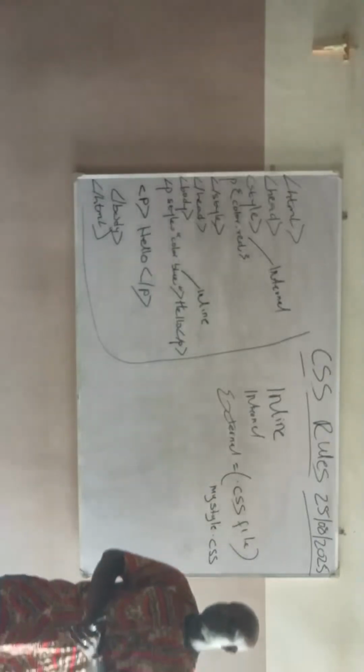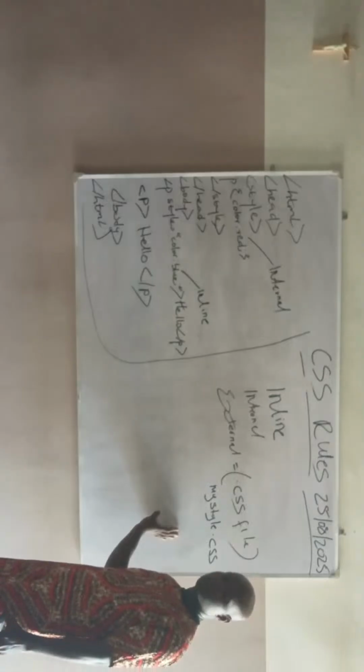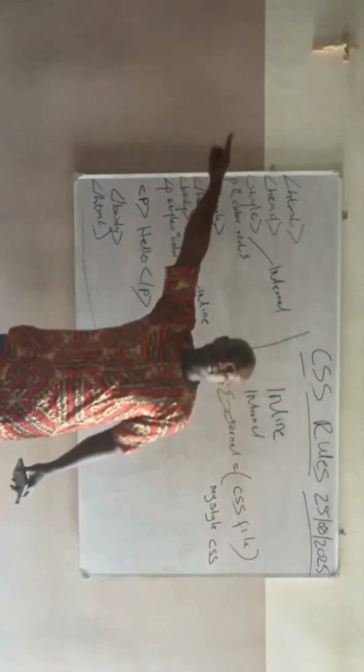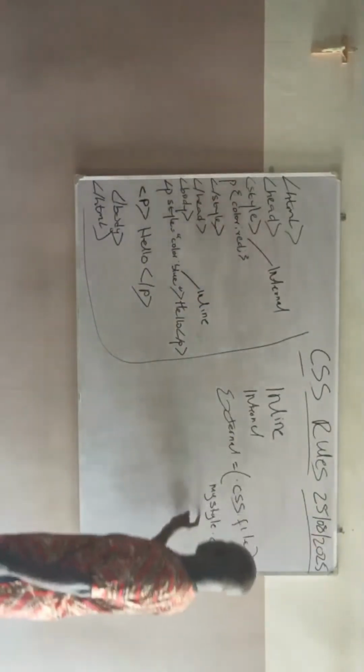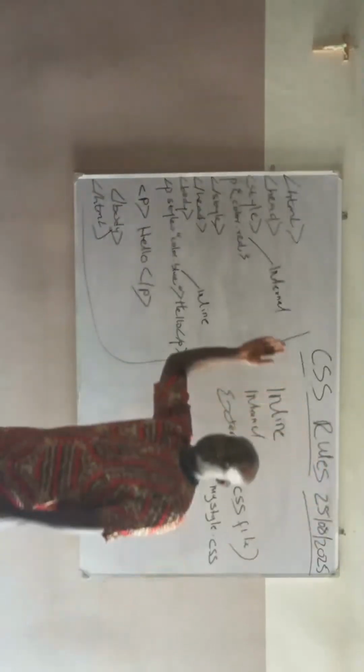Time consuming. But if I have my CSS file as external, linked in all the pages, all I need to do is come here, change my color to red, and all the pages will adapt to it.